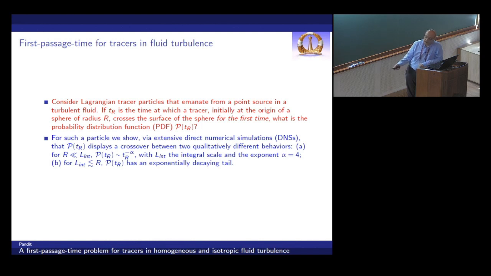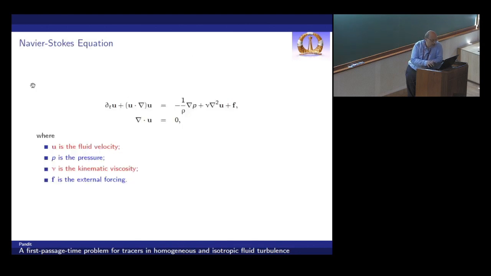And if this radius is much larger than this integral length scale, then P of t_r has an exponentially decaying tail. How do we get this?